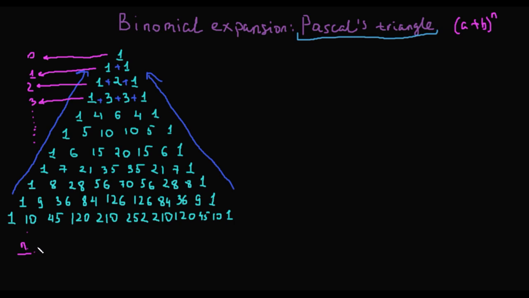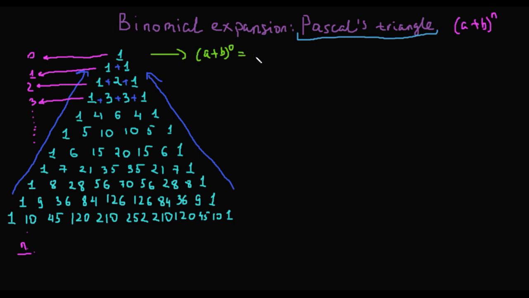Great. So what does that mean? At the zeroth row we have 0, which is nothing but (a plus b) to the power of 0.